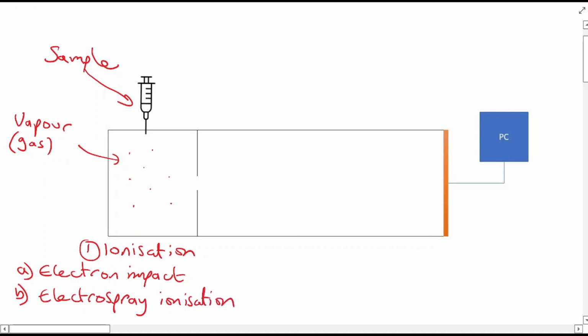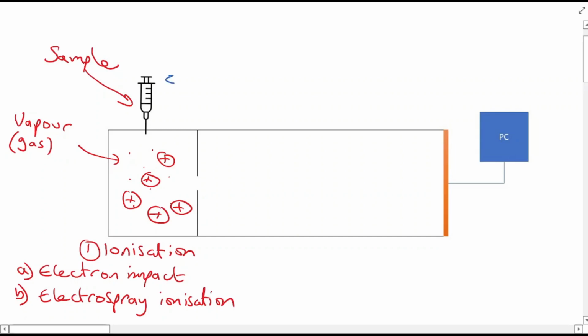Now I'll talk about those two in detail later on. But essentially what's going to happen is in this sample we are going to create positive ions. Obviously these are not to scale, but we're going to create gaseous positive ions. And that allows us to move on to the next stage, which is called acceleration.